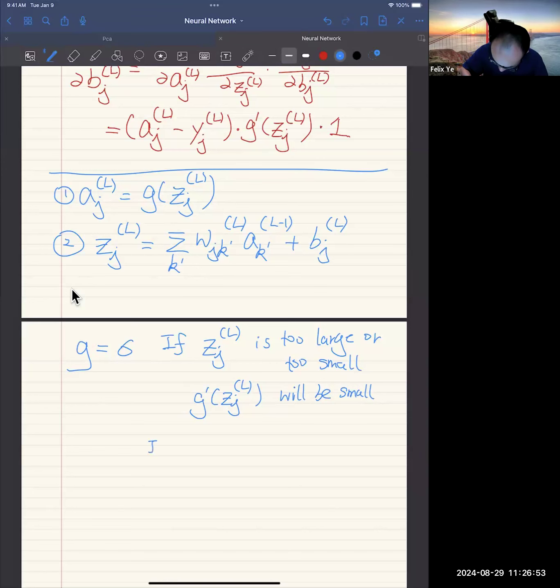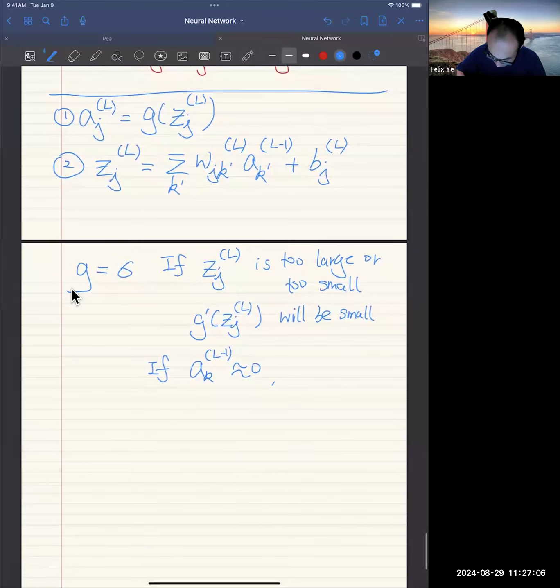Or, if a_k^(L-1) is close to 0, then the partial C_i over partial W_jk will be very small.